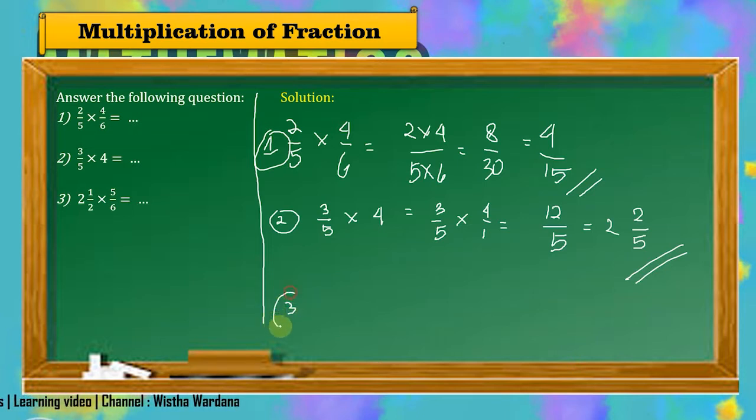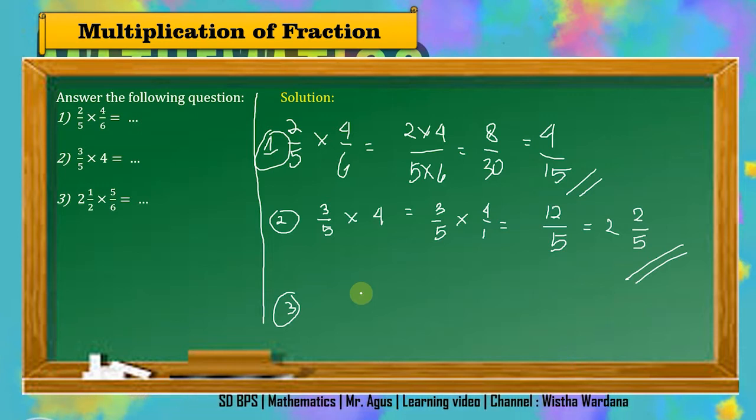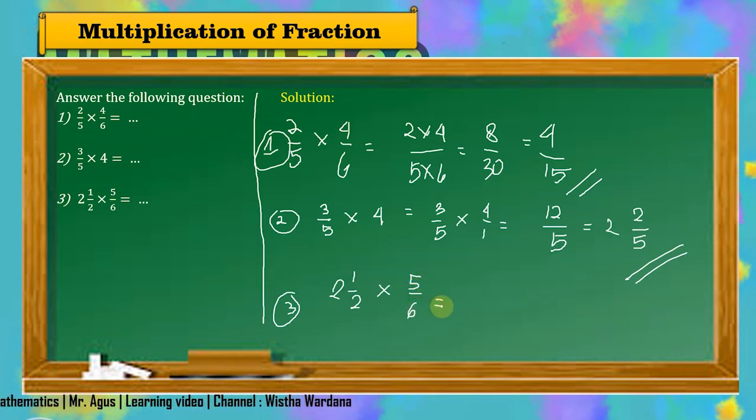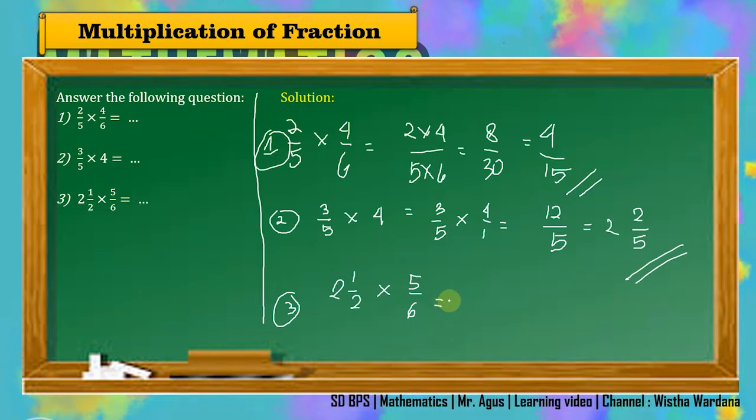Number 3. Answer the following question. For number 3, we have 2 1 per 2 multiplied by 5 per 6. In this case, we have a mixed fraction multiplied by a proper fraction.